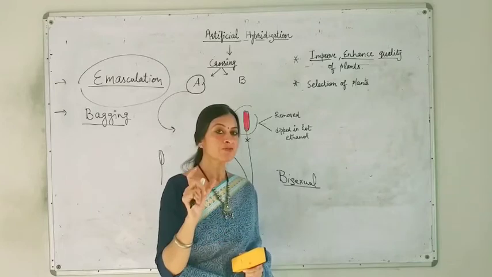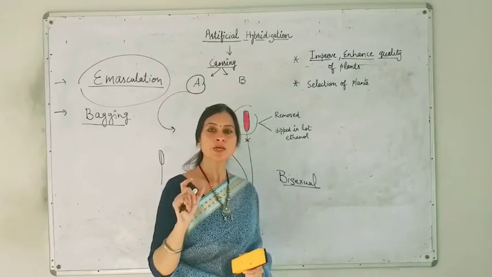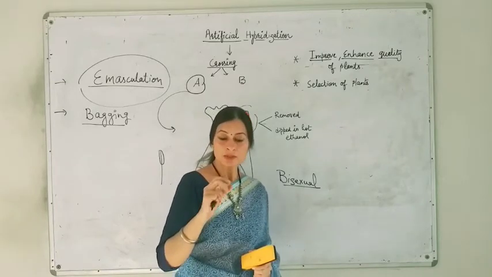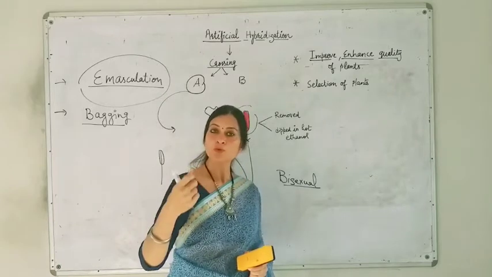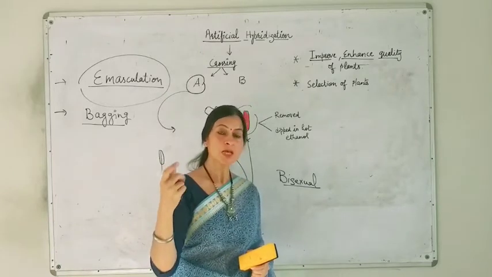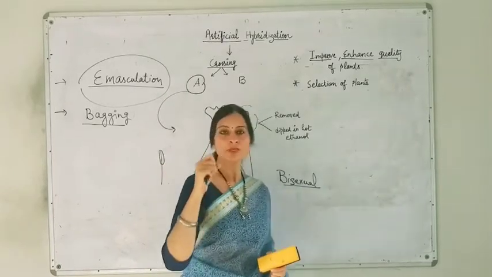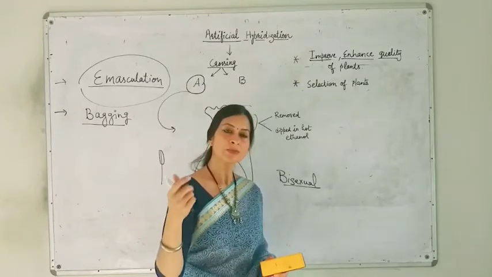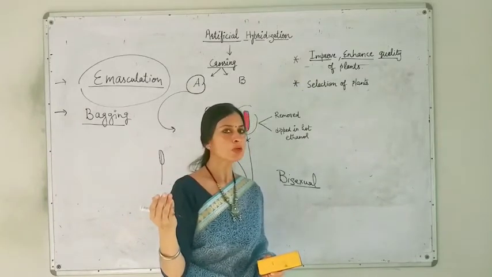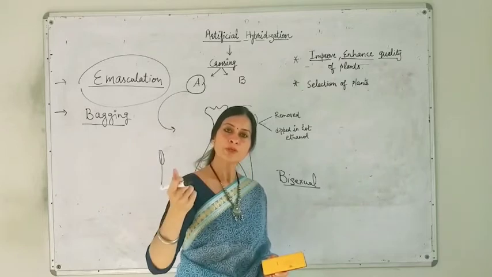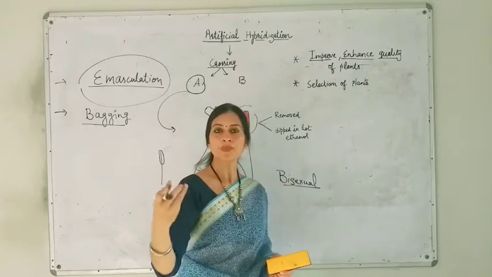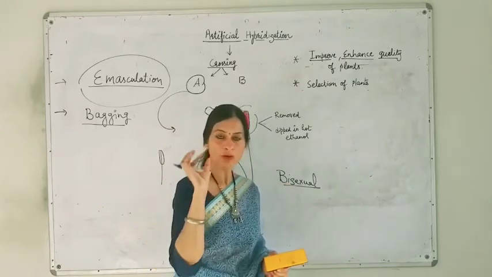But if the flower is smaller in size, it is not easily removed by the manual process. So in that case, we can use a suction pump also. If the flower is smaller, the suction pump can be used to suck the anthers from that small flower.